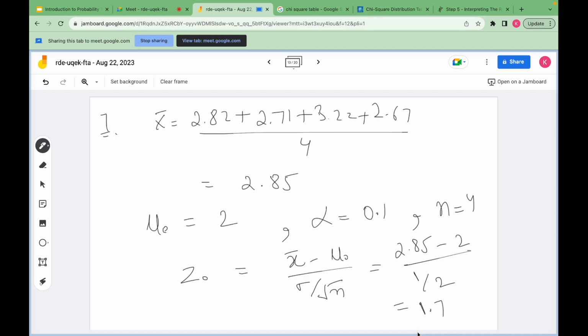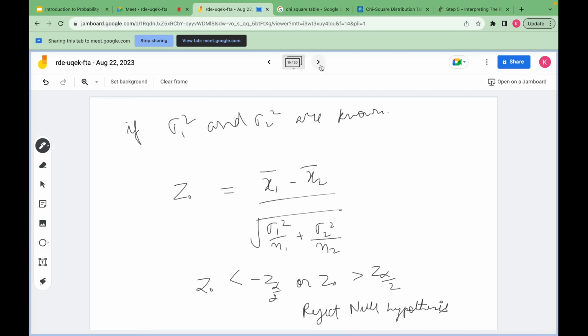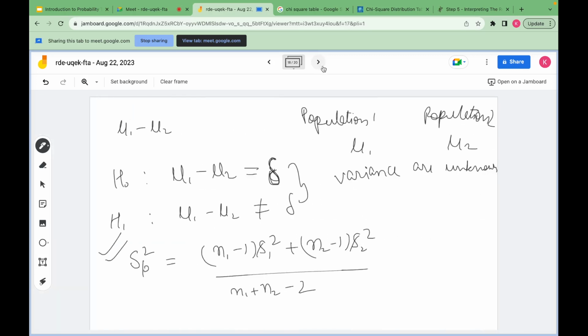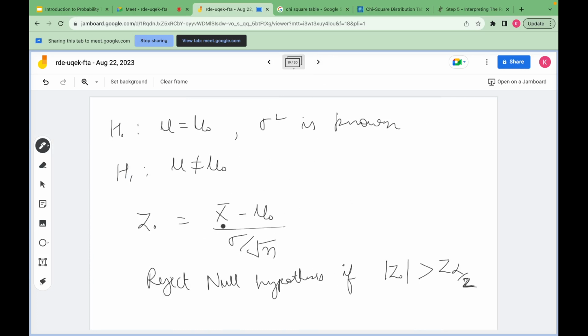Now we know that if this z0 is greater than z alpha by 2, then we will reject our null hypothesis.